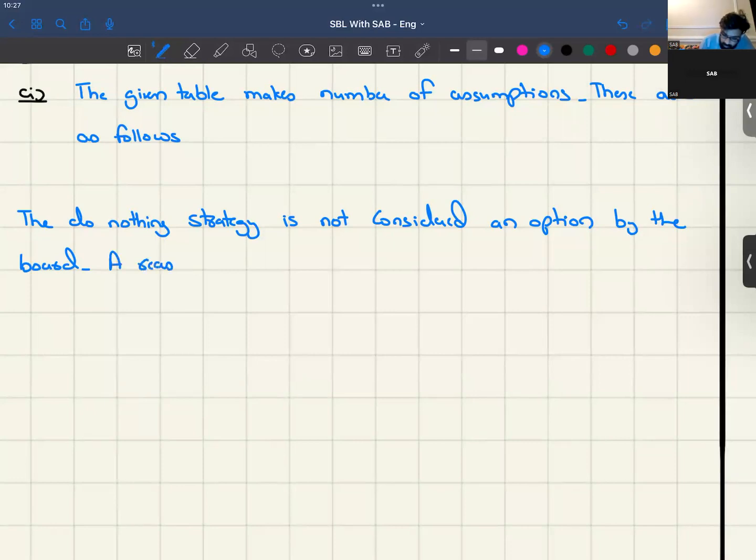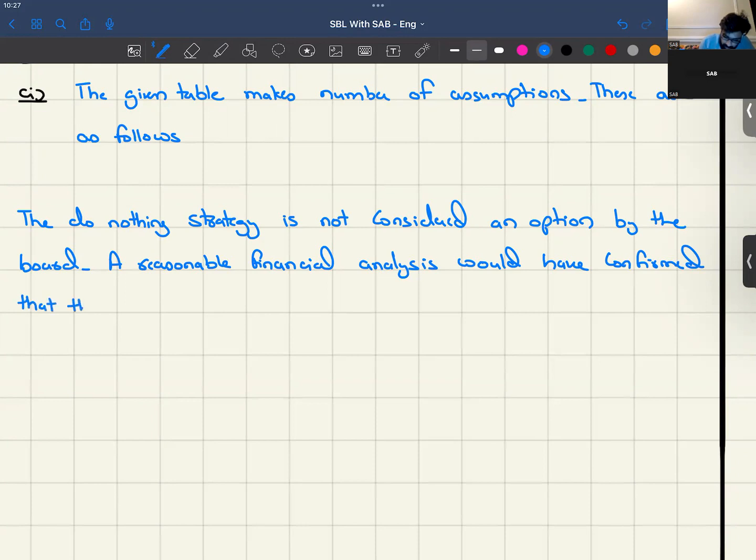A reasonable financial analysis would have confirmed whether this is a viable option or not, right?